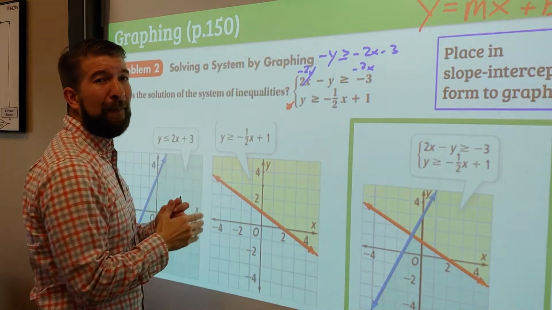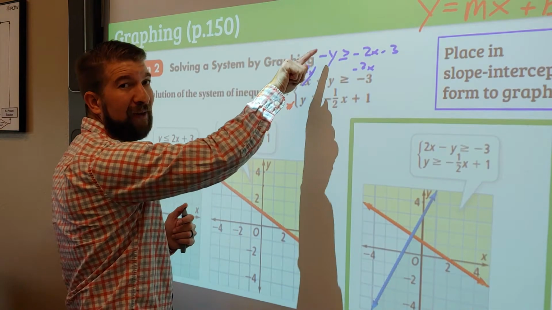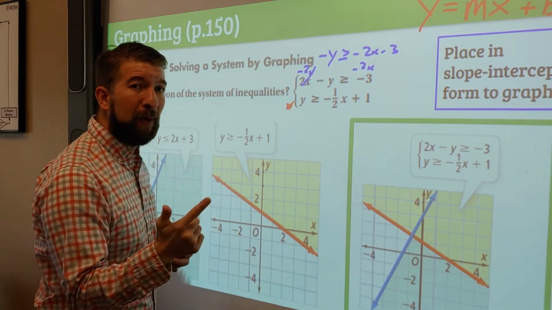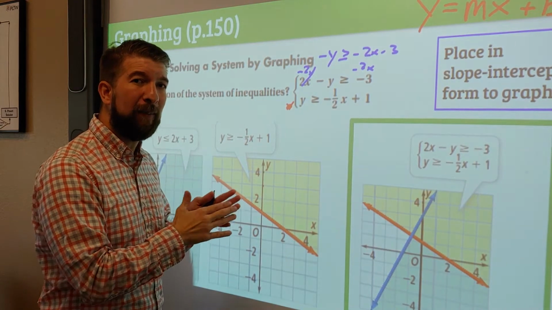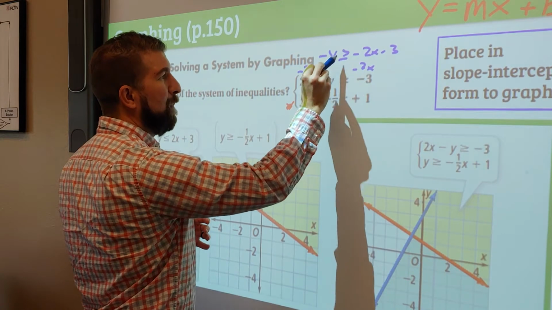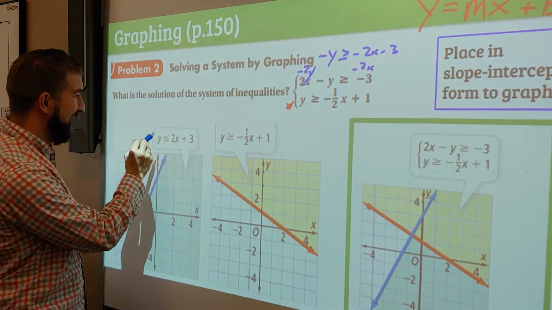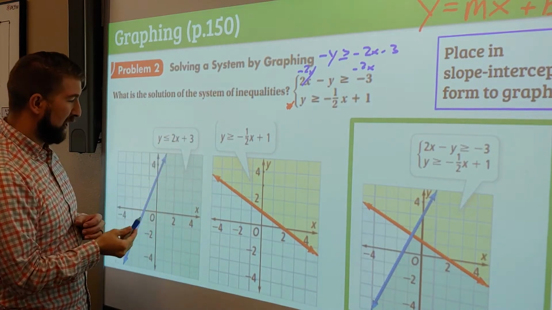Then, to get that y by itself, they had to divide by negative 1. Remember, there's a little negative 1 there. And if you remember from inequalities, when you divide or multiply by a negative number across, the symbol switches. So this is going to end up being y less than or equal to 2x plus 3.